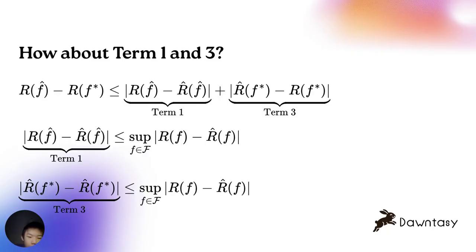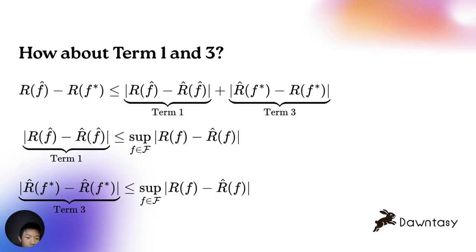The original excess risk is always non-negative, because the oracle model's true risk is always smaller than the empirical model's, since by definition it minimizes the true risk. Because that term is non-negative, we can apply that inequality right here.